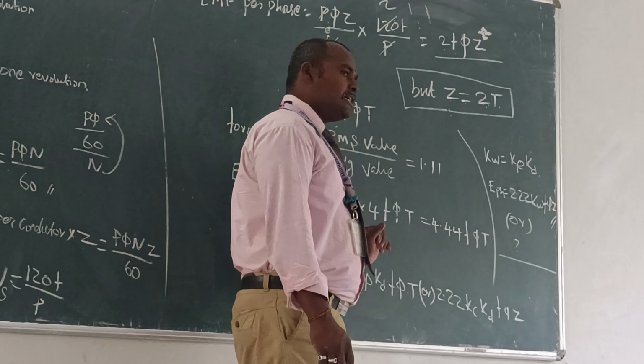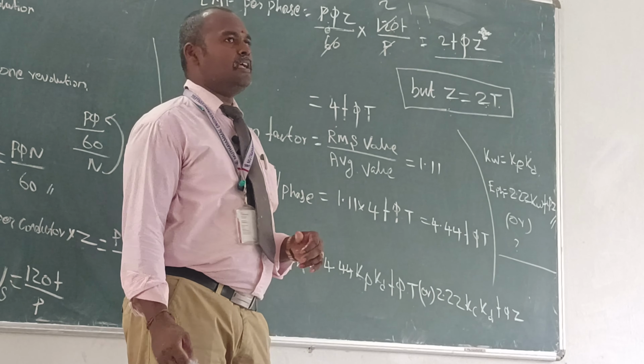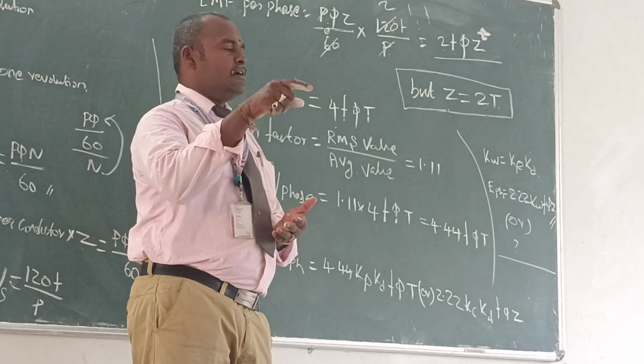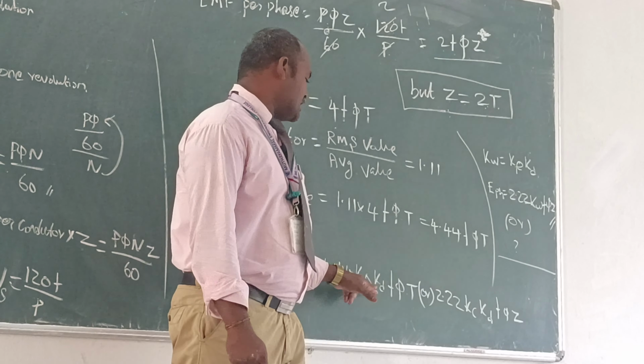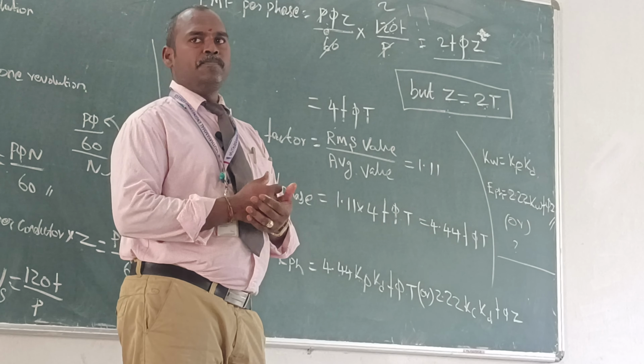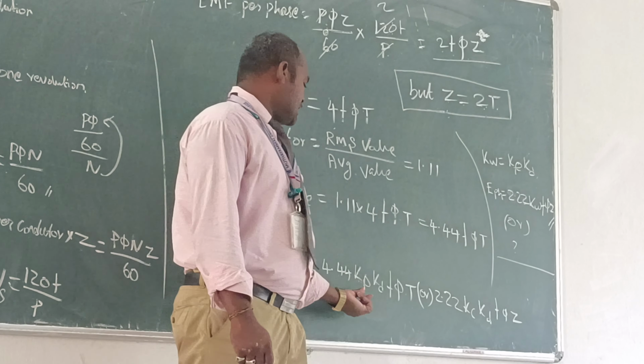Why should you consider the pitch factor and distribution factor? They are closely related to the generated EMF. While deriving the expressions of pitch factor and distribution factor, you can see that they relate to the generated EMF. Since we are deriving the EMF equation, you consider both.